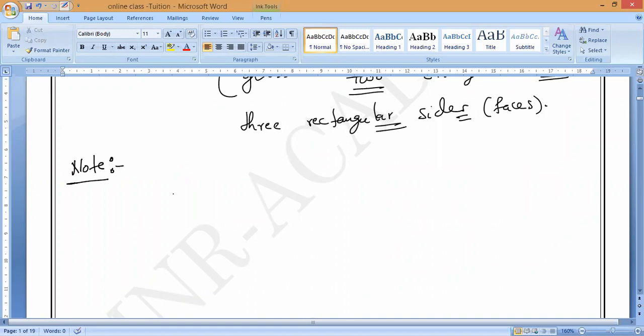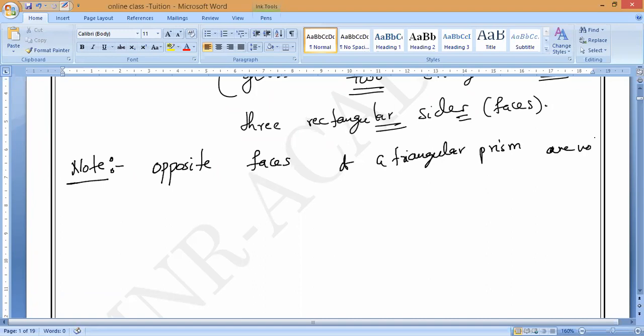You can see the opposite faces of a triangular prism are not parallel to one another. That is the most important thing you have to write and remember. So now, let us take, for example, the two surfaces.